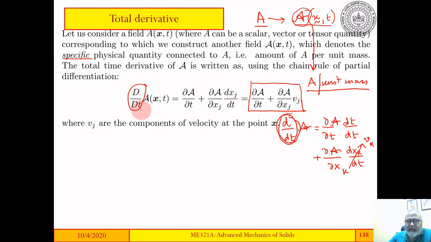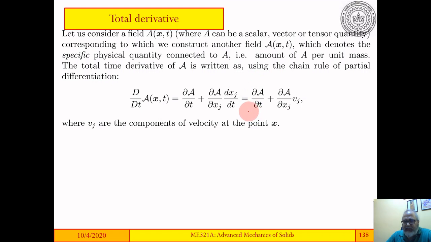So the total derivative of A now has two parts. Of course, ∂A/∂t is one. So it has two parts: one is this and the other is this. You need to understand these two parts physically. This term describes the rate of change of A with respect to time if you are standing at a point x, and this is sort of embodying the rate of creation or destruction of A at that point.